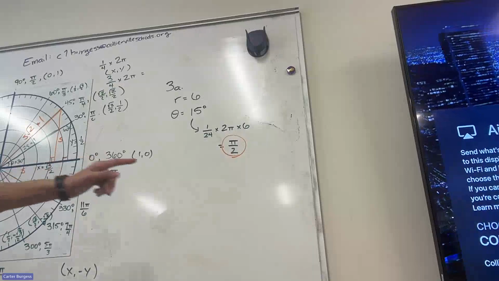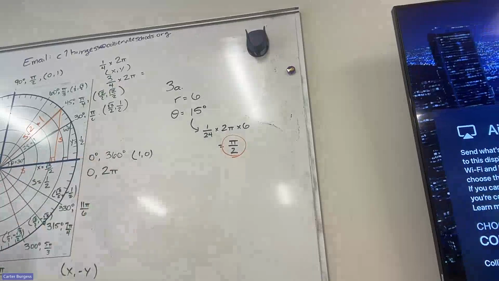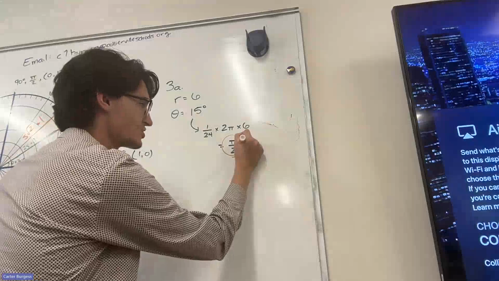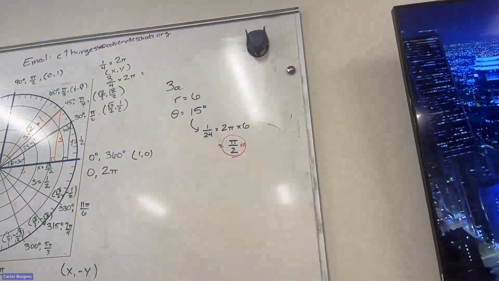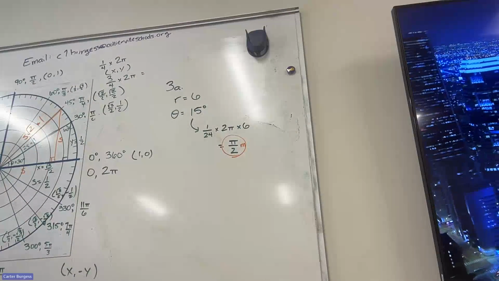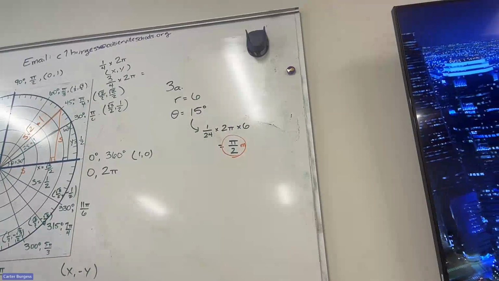So we get pi over 2, which is not 90 degrees. This is, in fact, meters. This is just a distance that we have traveled along a circle. And it's a big enough circle that we travel that distance with just a tiny 15-degree rotation.